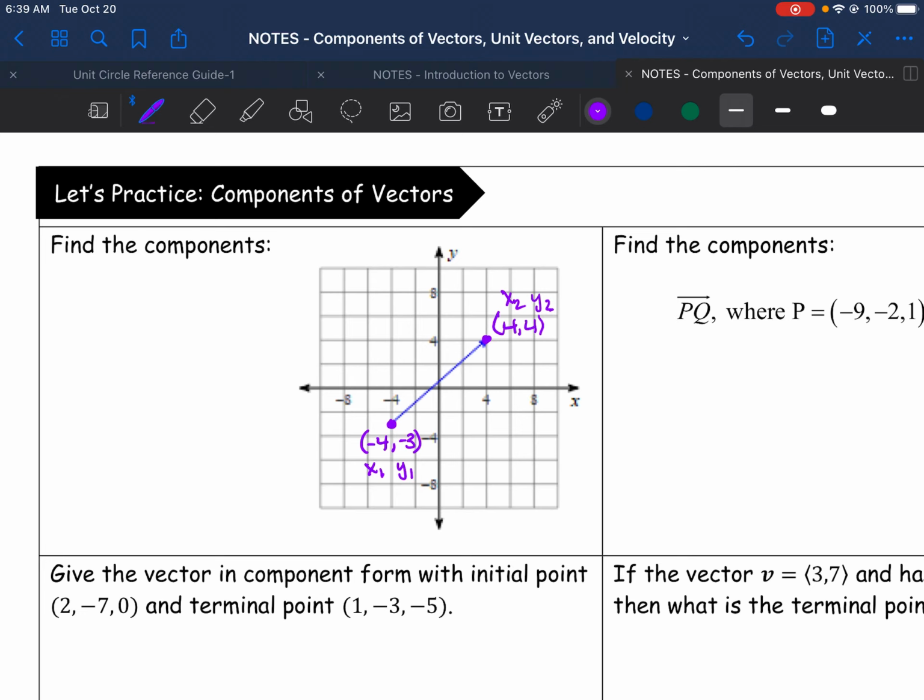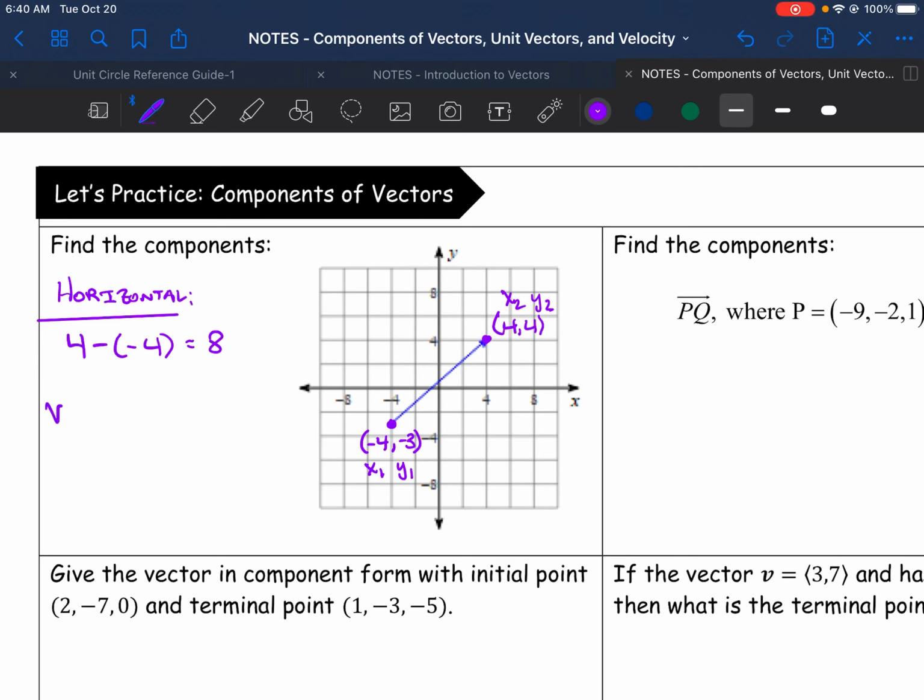So the horizontal component, we'll start with that first. The horizontal component is simply the horizontal component of the terminal point, which is 4, minus the horizontal component of the initial point, which is -4. So we'll do 4 minus -4, which equals 8.